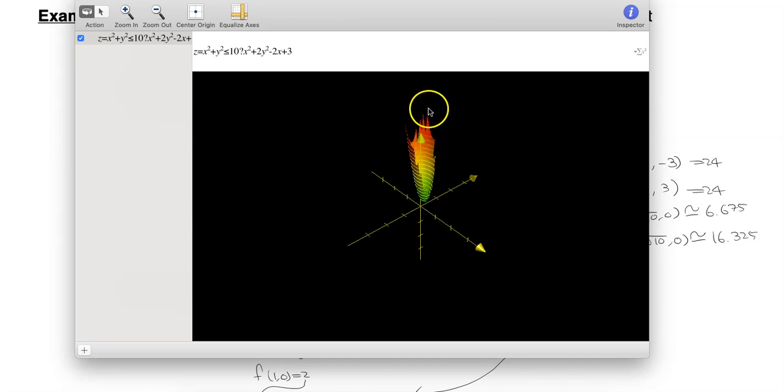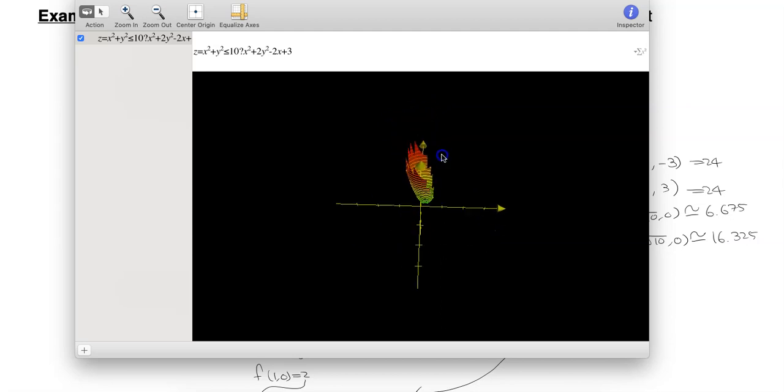Then we have 2 points here and symmetrically there, where the height is 24, and then the 16 is down there. So with this view, we can see the 16, the 24, and the other 24. With that view, we can also see the 6.